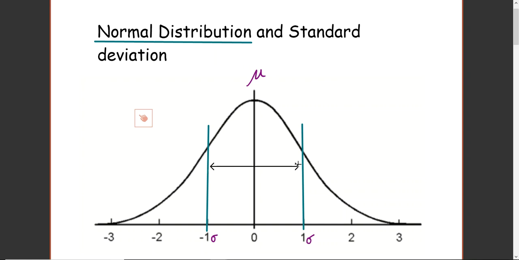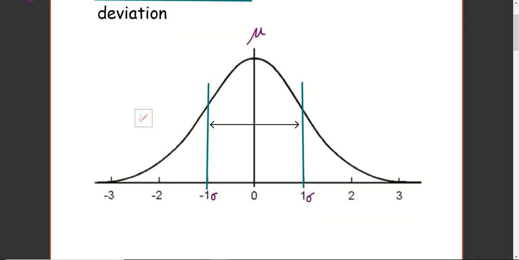So do you remember we did one yesterday where I put numbers on these instead of just the ones and things? Do you remember when we did an example yesterday where the mean was 5? What was 1 standard deviation? It was 2.2.